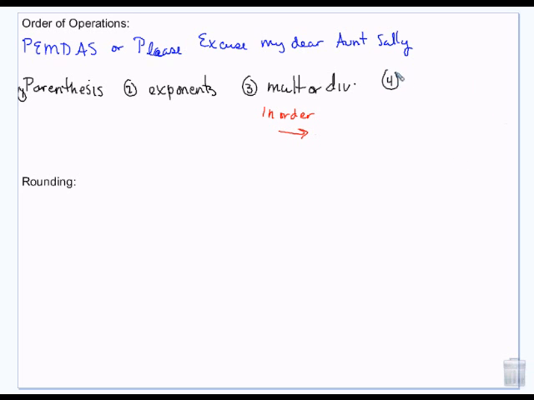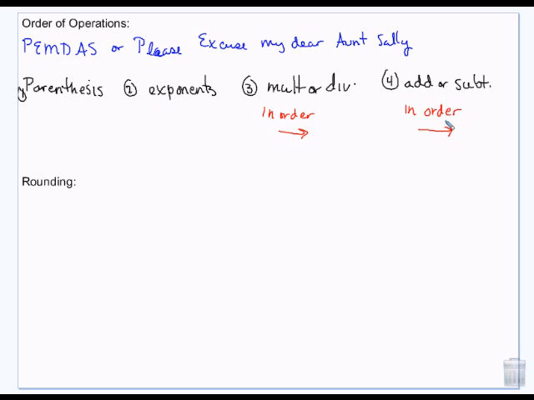And then 4 is addition or subtraction, again in order, as you move across the problem. So you don't have to do all the multiplication first and then go back and do all the division. You just do whichever one you see first. But you do have to do everything in parentheses first, and then all the exponents next, and then the multiplication or division, and then the addition or subtraction.